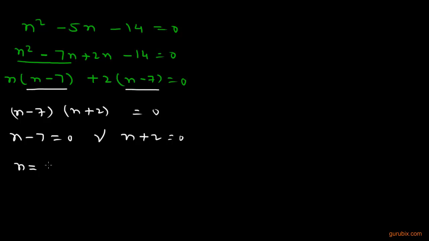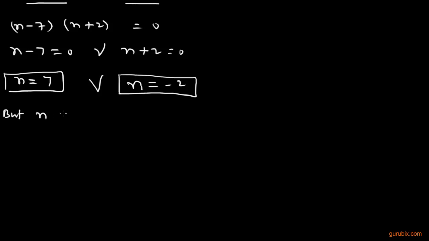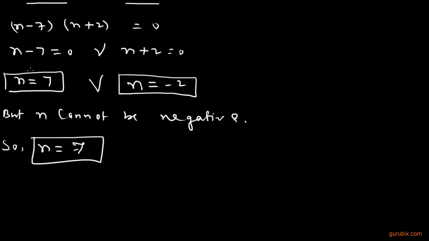We get n equals 7 and n equals minus 2. But n cannot be negative, so n equals 7, and n is not equal to minus 2.